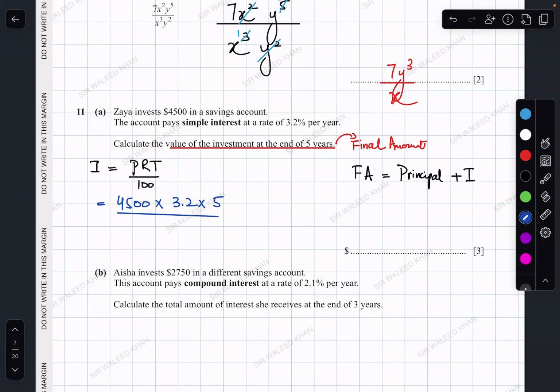So the interest over 5 years will be $720. I have to add back this $720 into the principal amount. So we started with $4,500. So for the final amount in the bank, it should be $4,500, what you started with, plus the interest over the 5 years. Okay, so this will be 5,220.